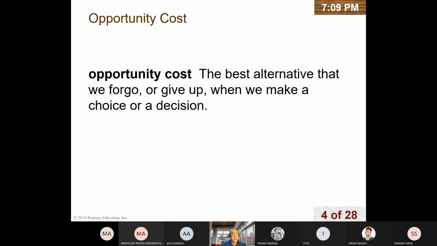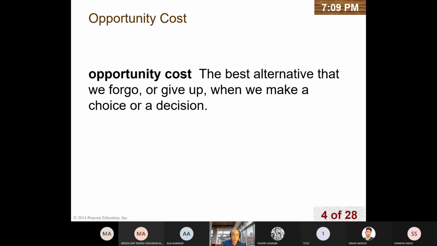So there is a hidden cost to produce tomatoes. What is the hidden cost? It's called the opportunity cost, which is the cost of the best alternative that he sacrificed, which is 10,000.